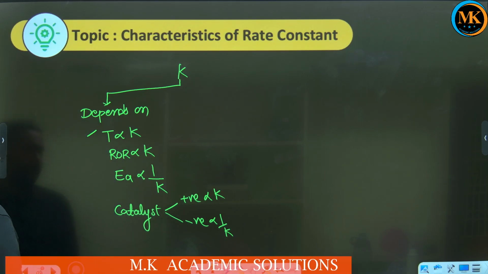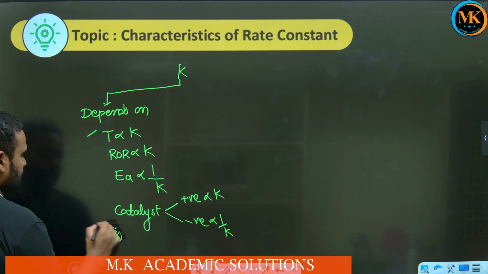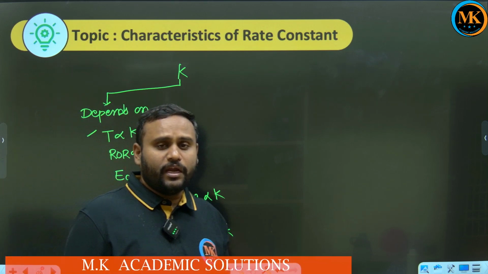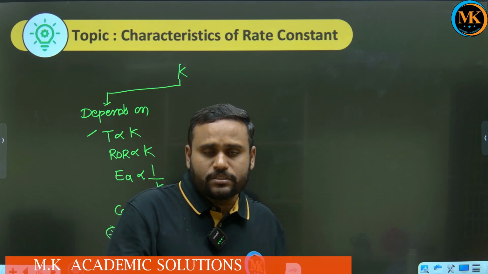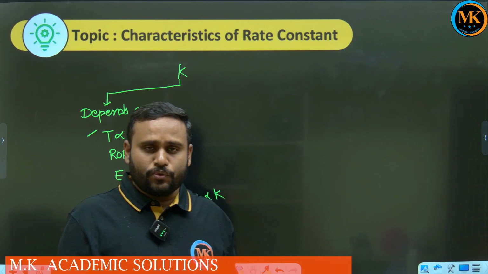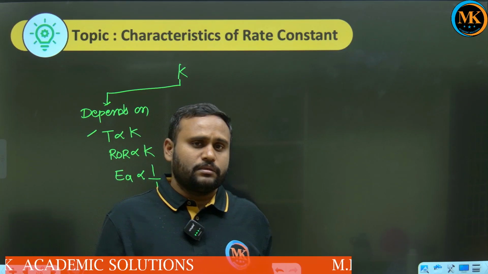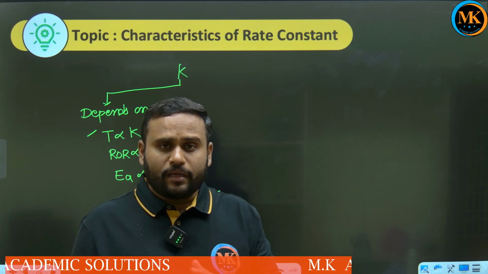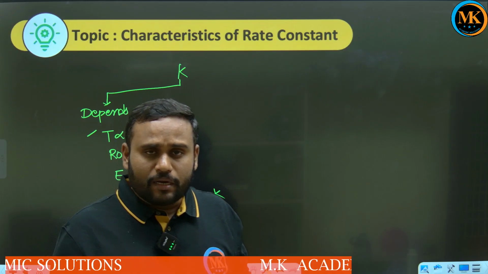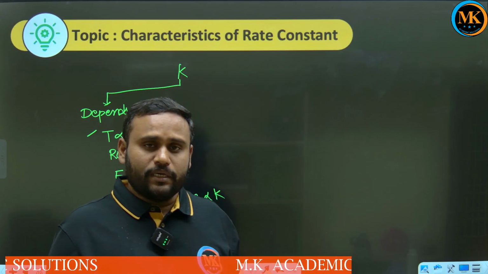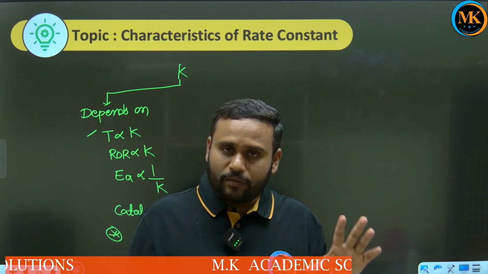And one more important point: K depends on the type of reaction also. If you change the reaction, the rate constant value is also going to change. Why? Because K is not a universal constant. Remember, K is not a universal constant. It is a constant for a particular reaction only.